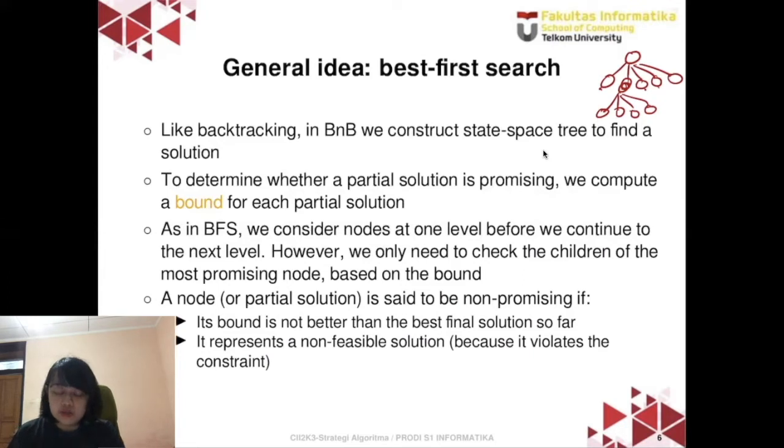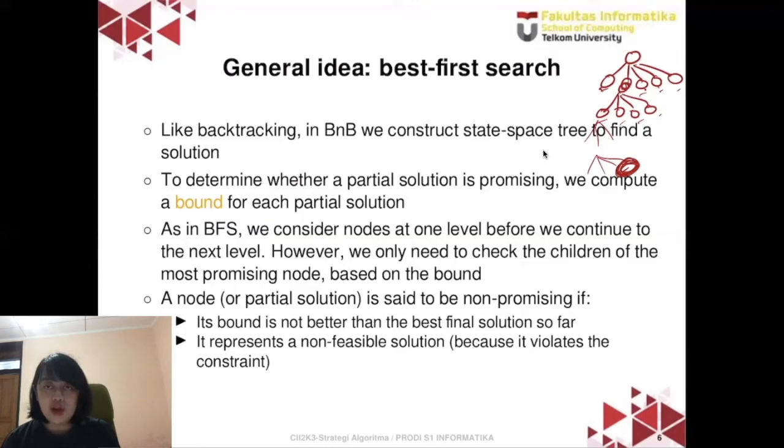So let's say we already have a final solution where we continue one child like this and we reach a final solution, for example, and every bound we have here that has not been checked further is not better than the final solution. It means that the other promising nodes become non-promising because none can lead to something better than the final solution we have so far.